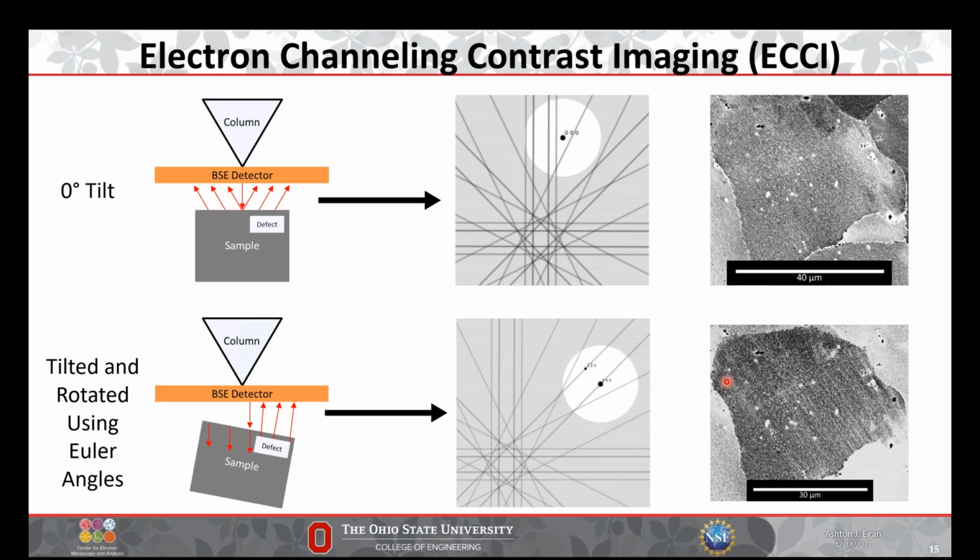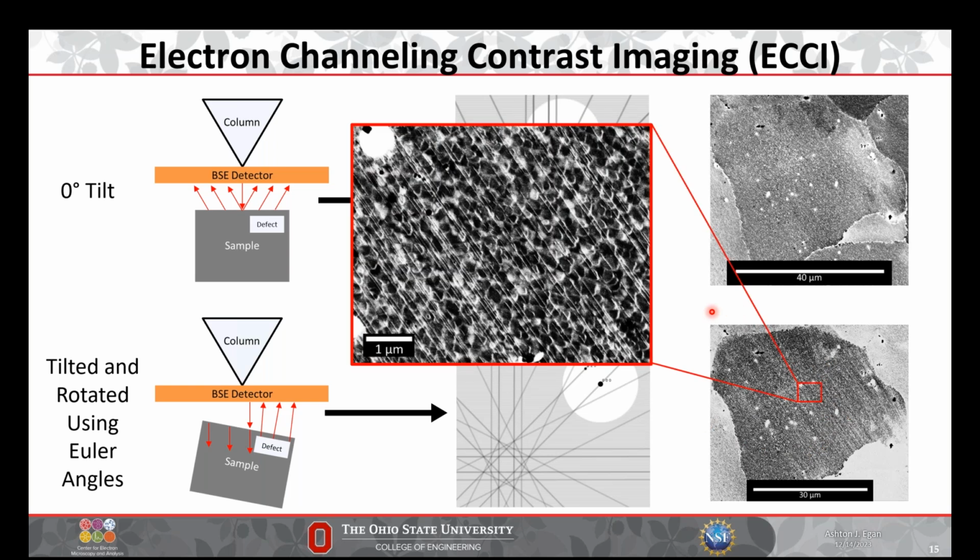And that's where the dark nature comes from in this grain. But when we have a defect, because this disturbs the crystal lattice, we'll emit a lot of backscattered electrons, and we can start to see white traces. And these are defects. And in my case, they're superlattice stacking faults and/or microtwins.